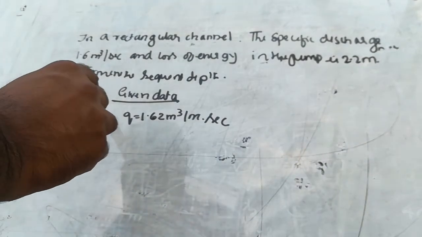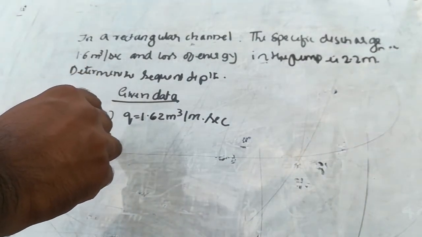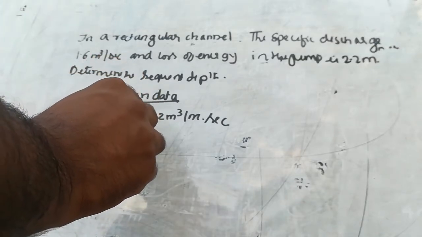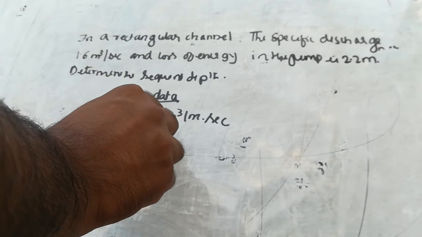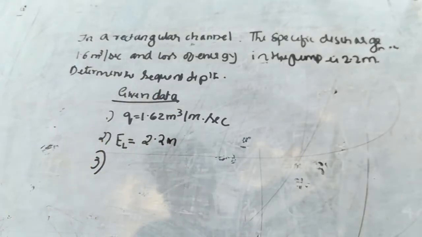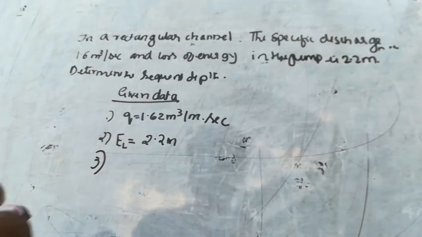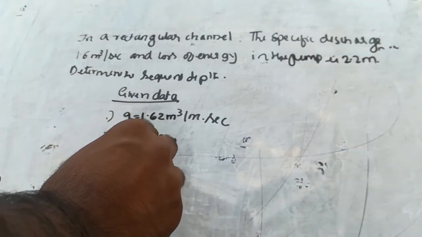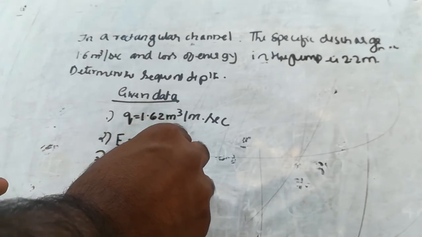Next they gave energy losses equal to 2.2 meter, and we need to determine the depths d1 and d2.